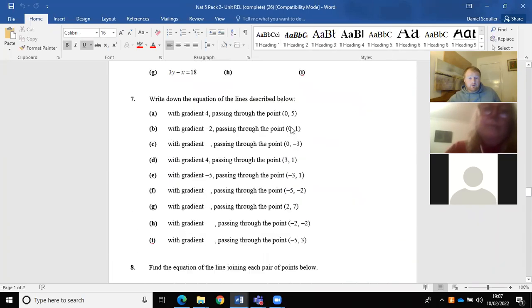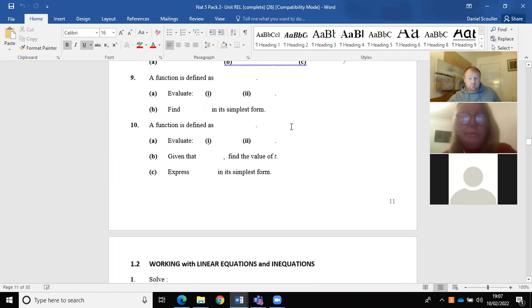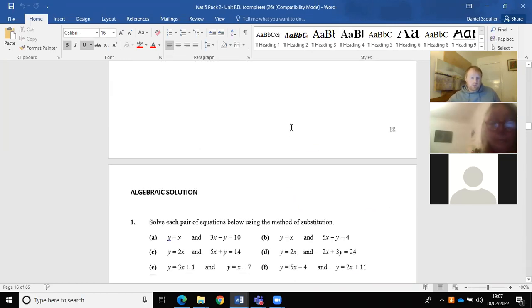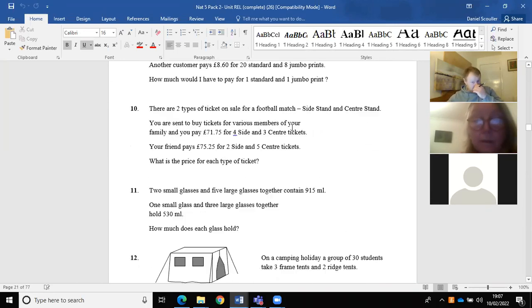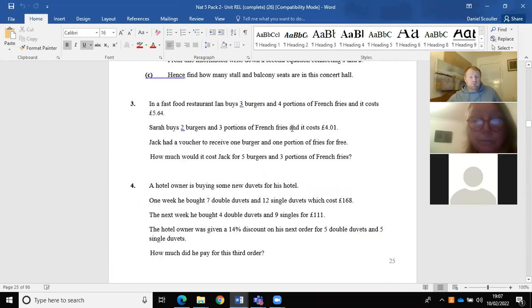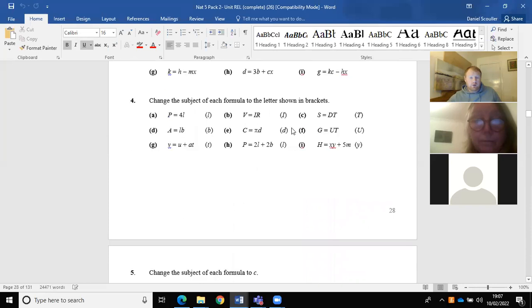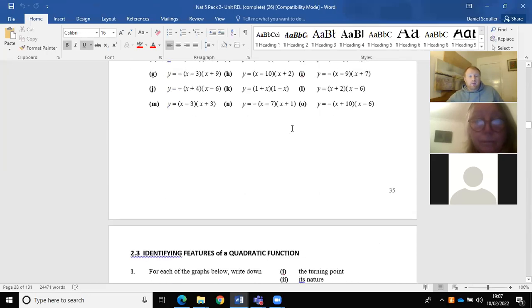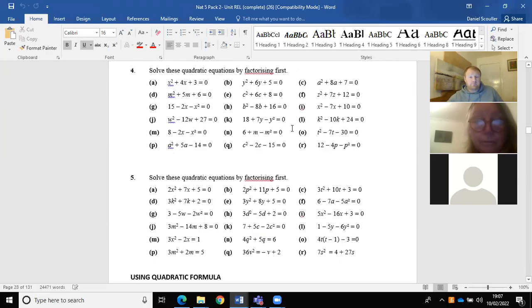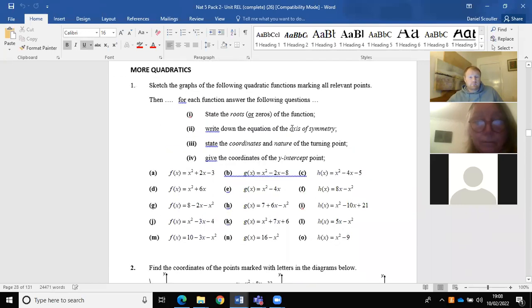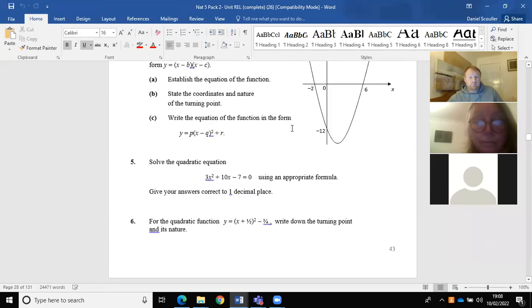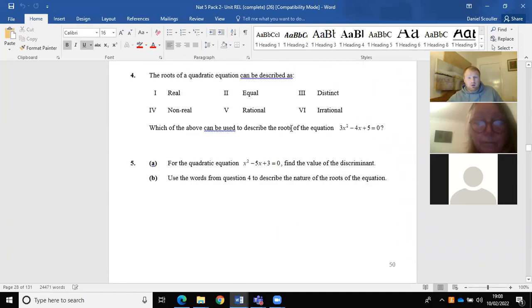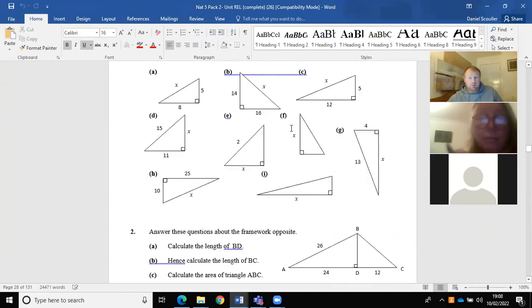Let's have a wee look what we've got. Sorry guys, thought I had this open. My god, not a quadratic. Come on, here we go.